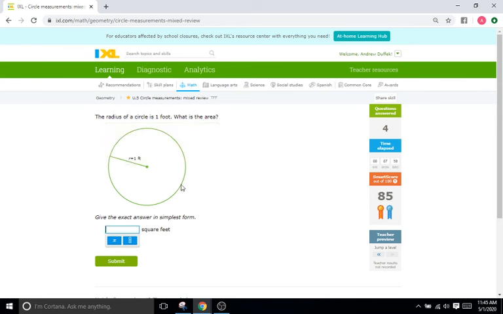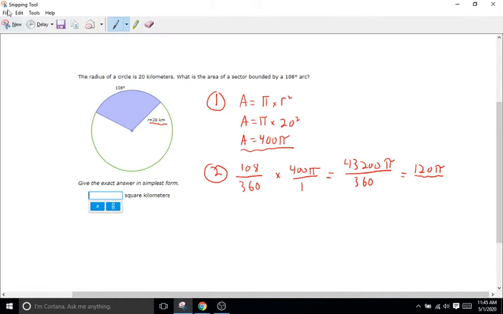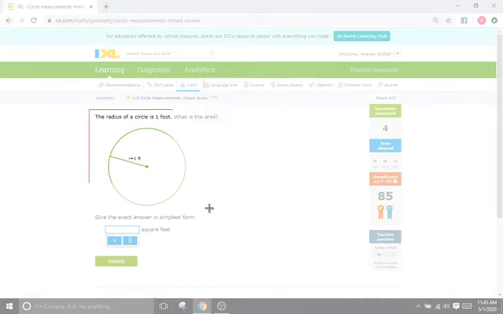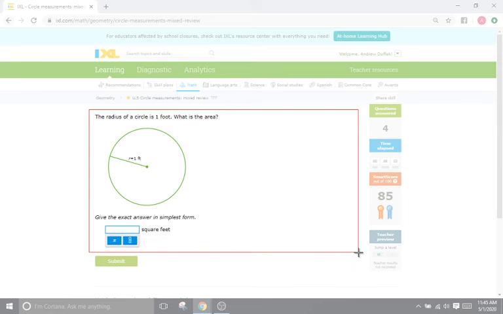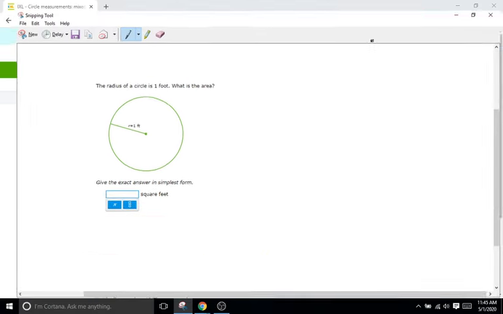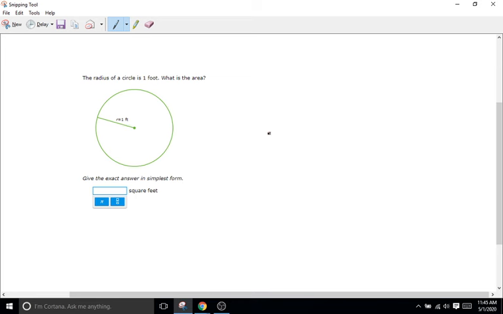The radius of a circle is 1 foot. What is the area? Okay, so this is just finding the area. That's super easy and only a small part of the problem we just did prior. So what is the area of the circle? Well, we know the area of a circle, again, is pi times r squared.